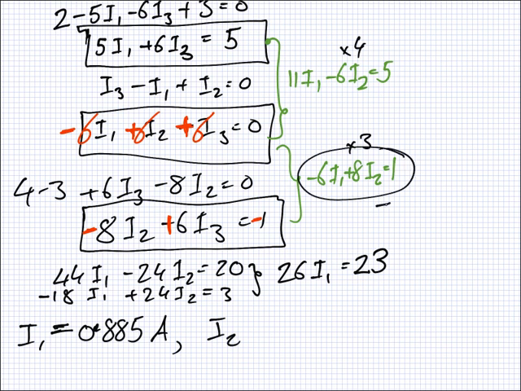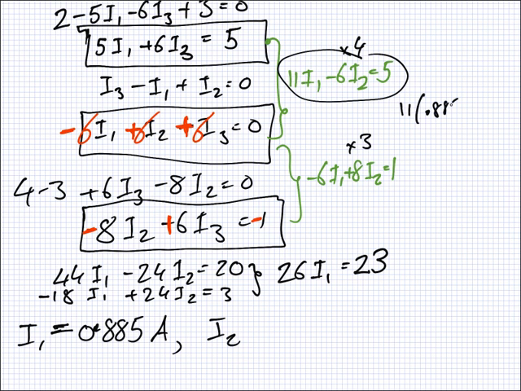I2 we can get by subbing that in here. Or even maybe this one looks a little easier. 11 times 0.885 minus 5 over 6. That'll give me the I2. What's that?